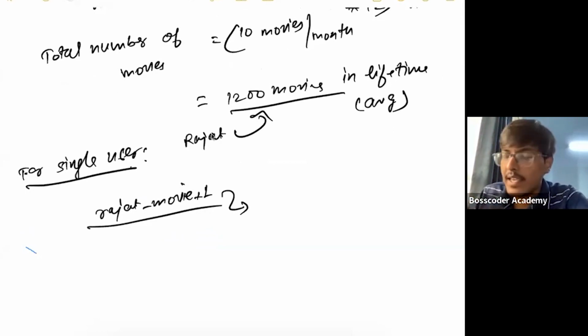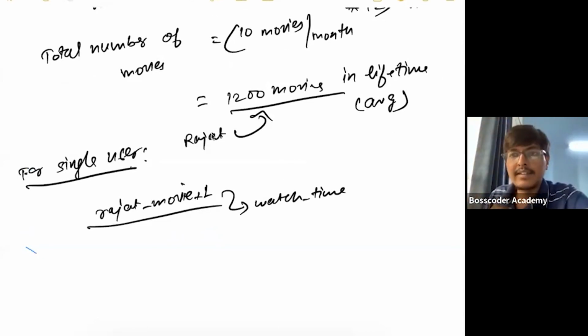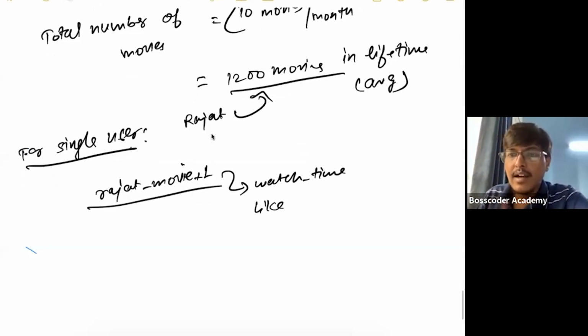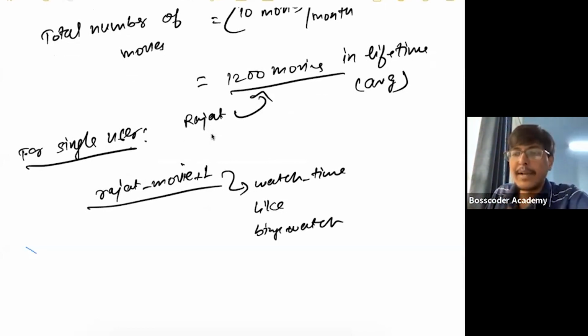So details can be how much of the movie Rajat has watched. Did Rajat press the like button here or not, right? Did the user binge watch it or pause it multiple times, right?